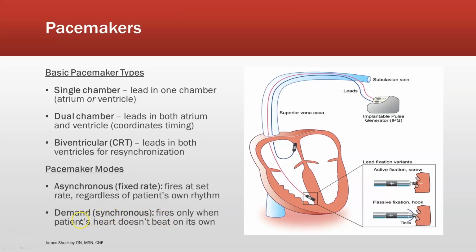If the pacemaker doesn't feel the onset of the next P wave or QRS, whichever one we're looking at, or both if we're doing AV paced, it's going to wait. It says, okay, I felt that the heart generated a signal, and does nothing. Then it waits again. On this next one, in that given time frame, it does not sense an electrical signal, so it will generate one itself. So it's demand: it's based on what your heart is able to do and what your heart isn't able to do.